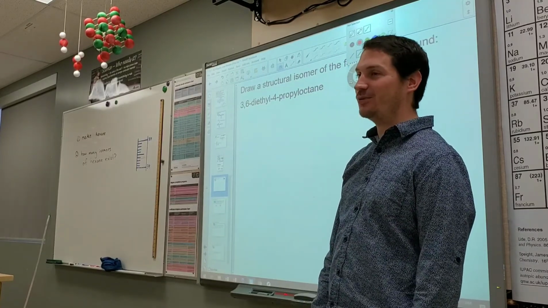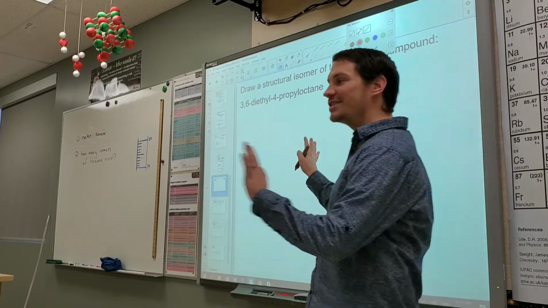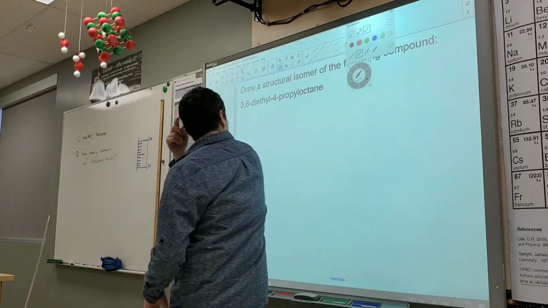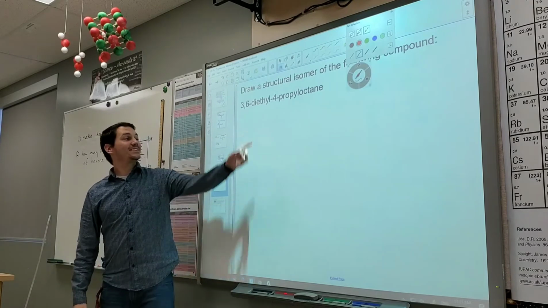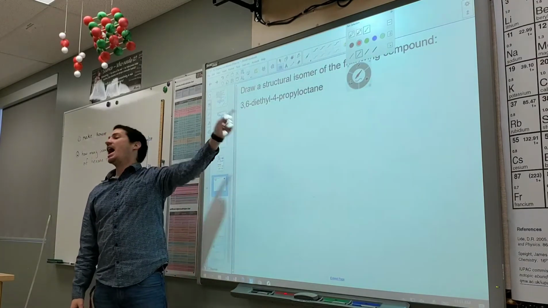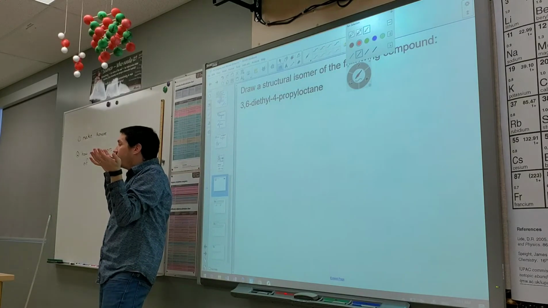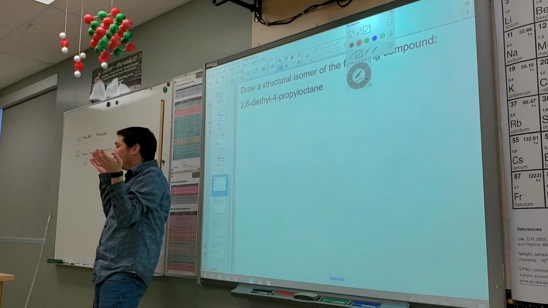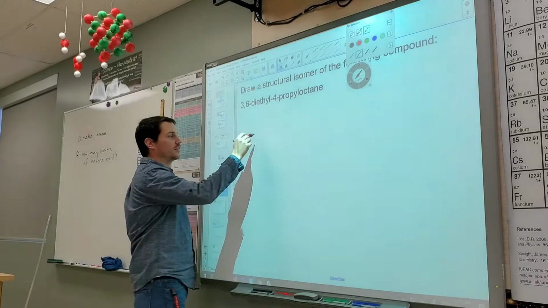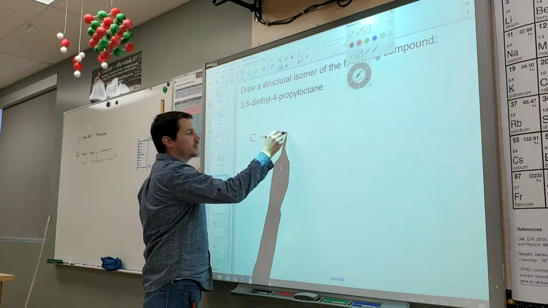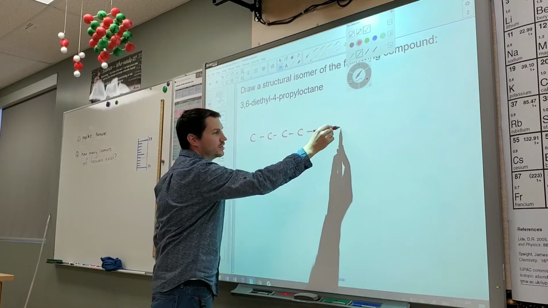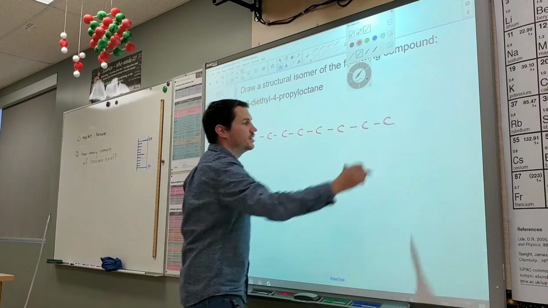Condensed structural wins, so we're gonna do this as a condensed structural diagram. How would you draw this? Where are you gonna start? At the end. What does the end mean? It's the parent chain. Octane. C, C, C, C, C, C, C, C.